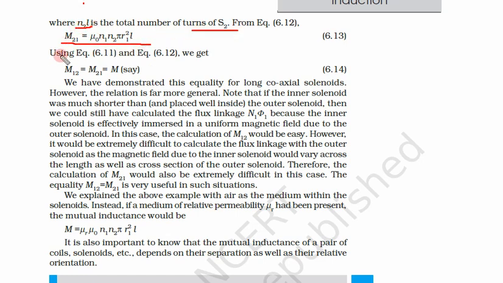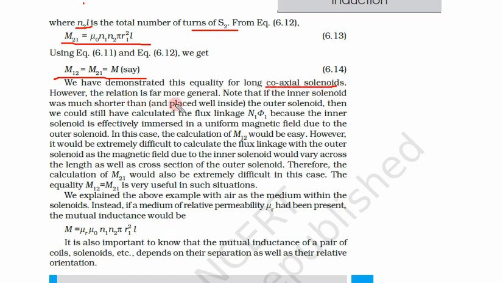M21 we have already calculated, and what we have seen is that M12 is exactly equal to M21. Both the mutual inductances are the same, and we put a constant value M. Why are these the same? Because the common area is the same. So we have demonstrated this equality for long coaxial solenoids.